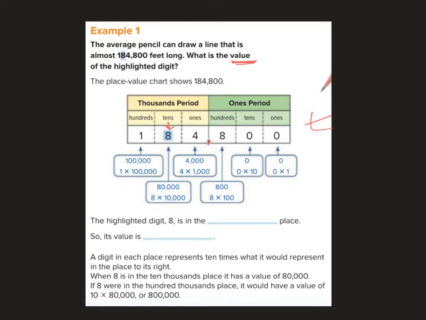So we know that this is the 10,000s place. So I need to look at 8 times 10,000, which I don't know, that might be a little confusing, but it's worth 80,000. Okay, and that's because the highlighted digit 8 is in the 10,000s place.